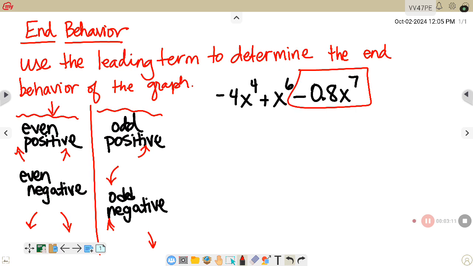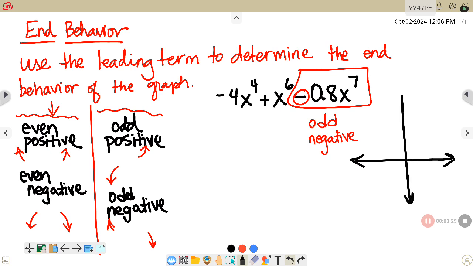So 7 is odd, so I'm looking in the odd column. And the term is negative, which means it's going to have the odd negative end behavior. So we're looking at this one. It's going to start up on the left, then travel down and end up down on the right.